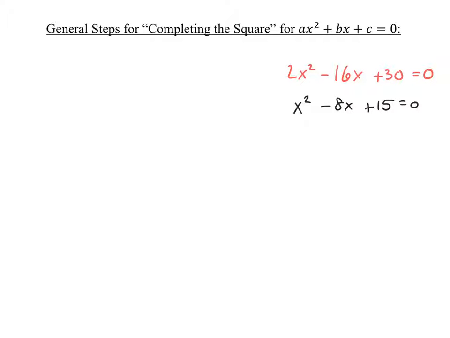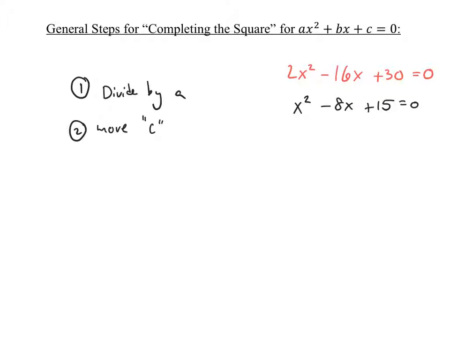So divide by A. Can I just say the steps and you guys can write them? Step 1 would be divide by A. Step 2. What do we say we're going to do after that? Move C over. Yeah. So move the new "C" over.